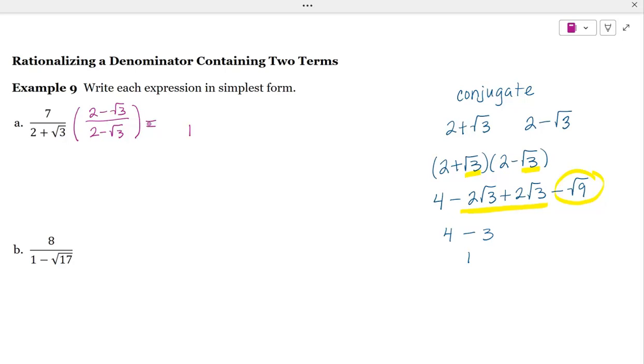And then in the numerator, we're going to distribute that 7 to both of these items. So we'll have 7 times 2 is 14 minus 7 times the square root of 3. And so it looks like our final answer here is 14 minus 7 times the square root of 3.